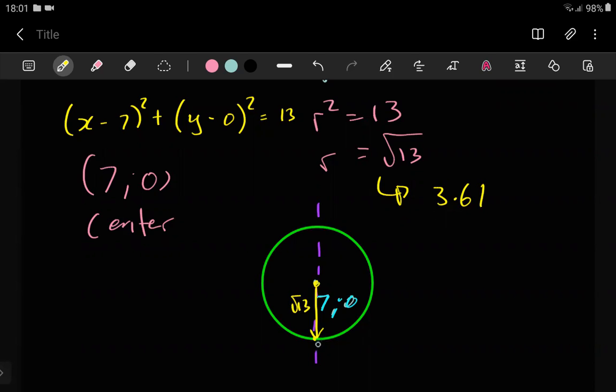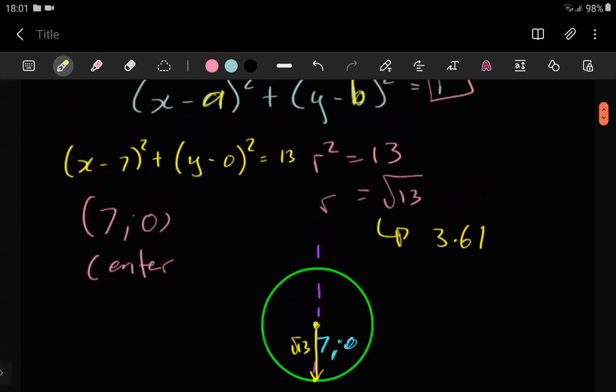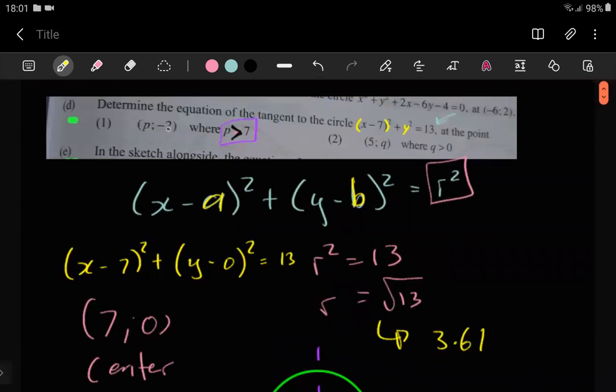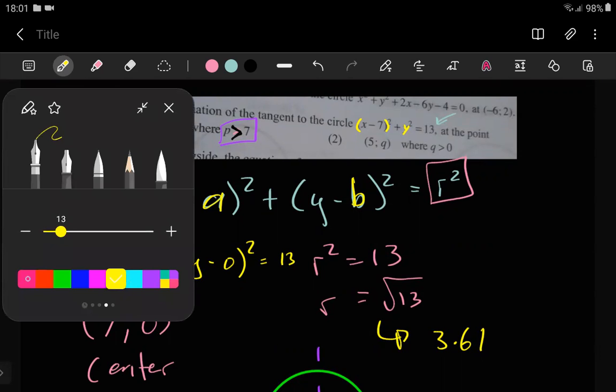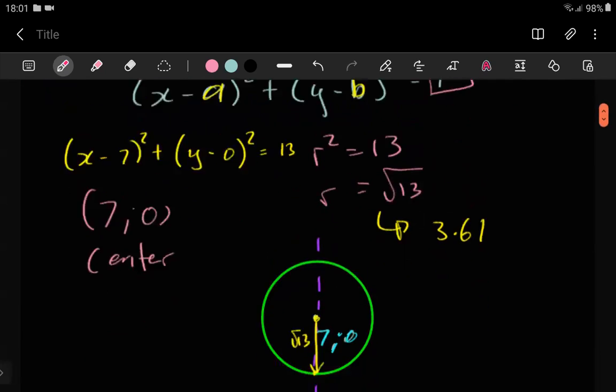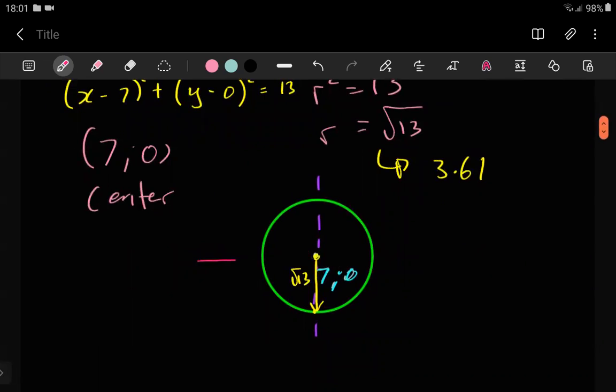If your tangent is going to touch your circle where the y value is -2, technically, if 0 is this line here, it means -2 should be somewhere here. If there's -3 point something here, the -2 is just somewhere there.